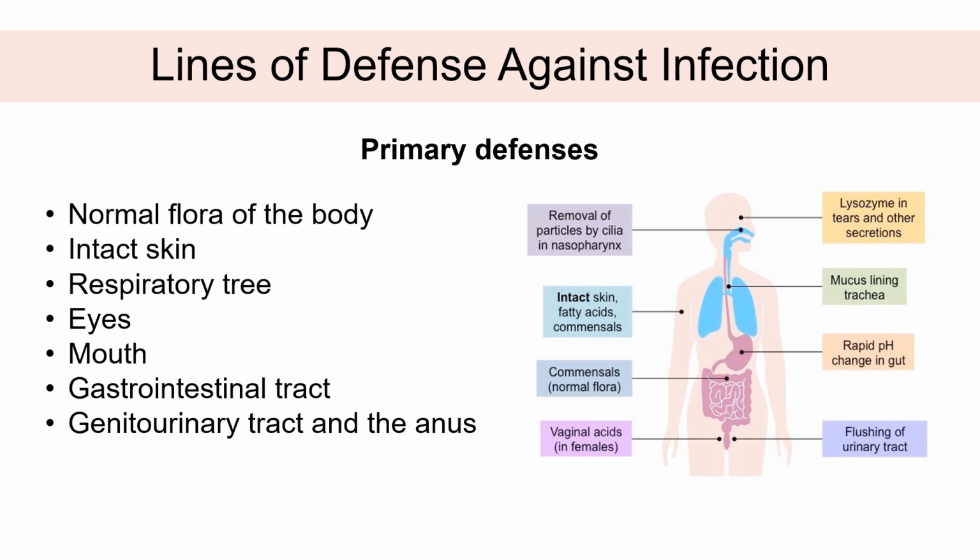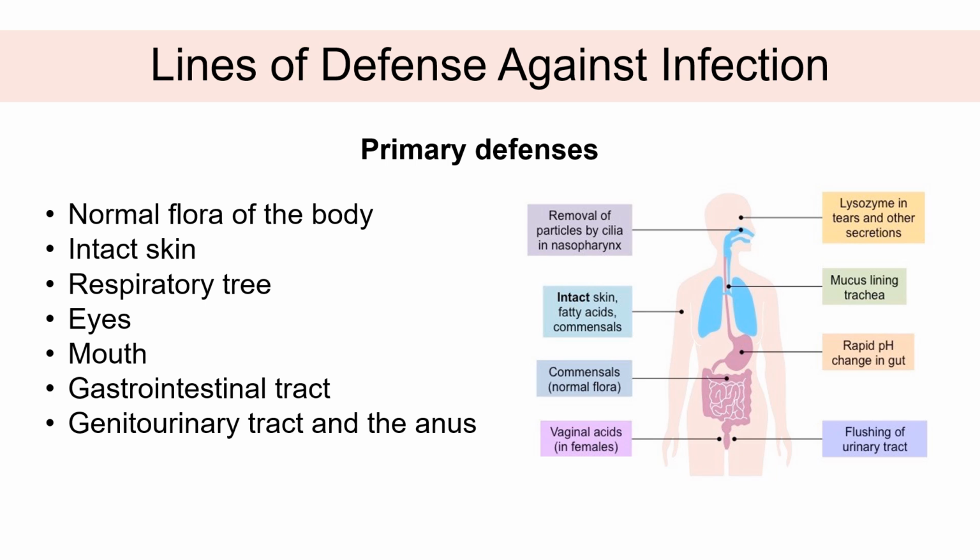Our nose has little hairs that kind of filter the upper airway, so that helps out. There's cilia, which are tiny little hairs that are also in our nasal passages, sinuses. They're in our trachea, and they try to catch things and move it out. Again, coughing and sneezing help to get those out.